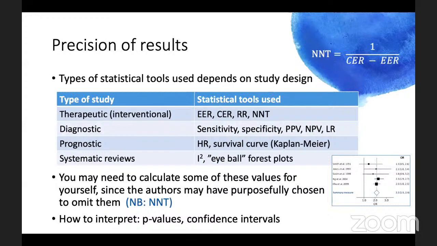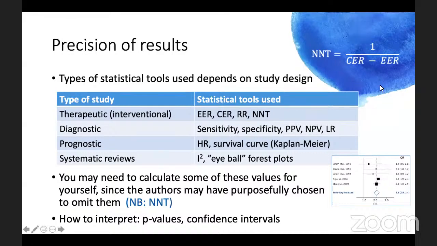So this is really important, number needed to treat, because most studies don't actually calculate this, usually because it shows that the study is not great in terms of the results. So you will have to actually calculate that yourself. I've included the calculation here at the top. So number needed to treat is equal to 1 divided by the control event rate minus the experimental event rate.